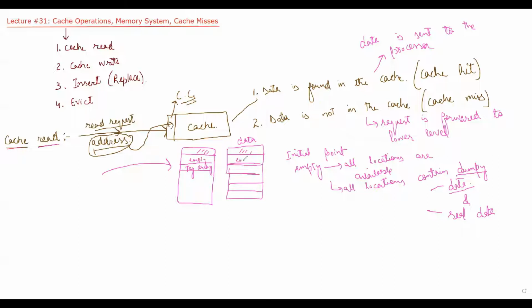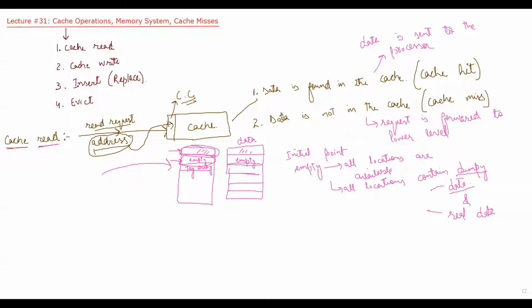Empty means it contains some dummy data. How will my processor know that this is the actual data, real data, valid data, and this is the dummy data? Or we can say, how will it know this location is filled and this location is empty? So how will it know?